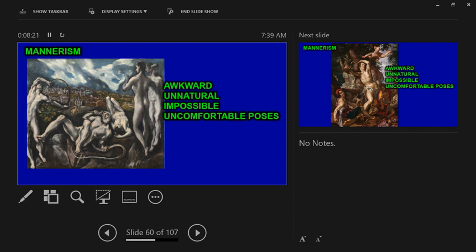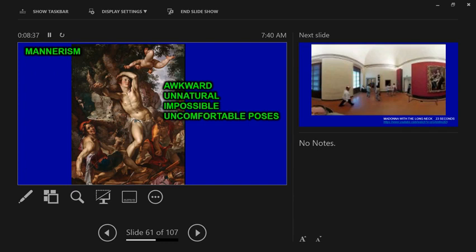If the artist uses models, these models look very uncomfortable to hold a pose like that for any length of time, and this guy too.